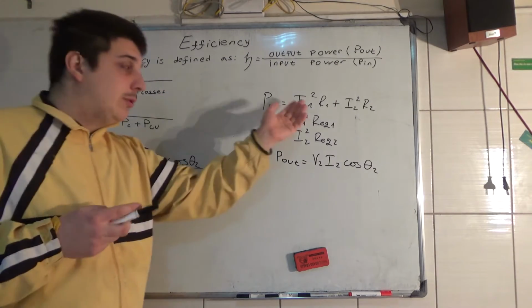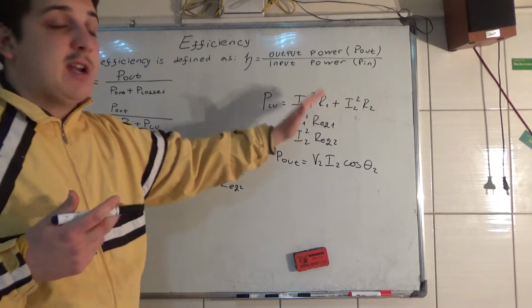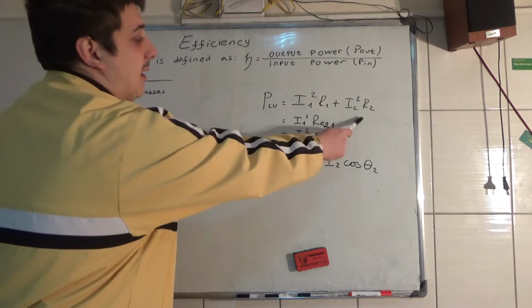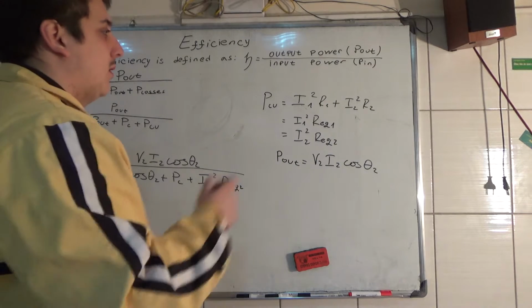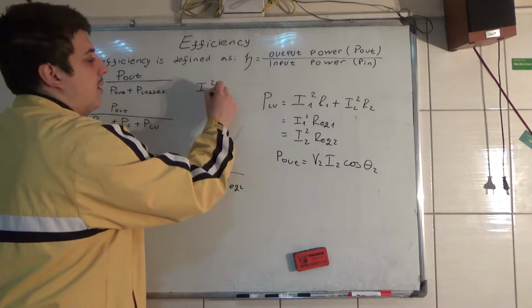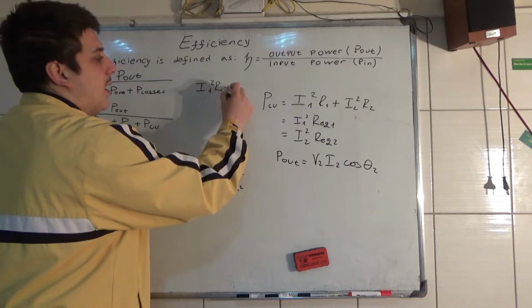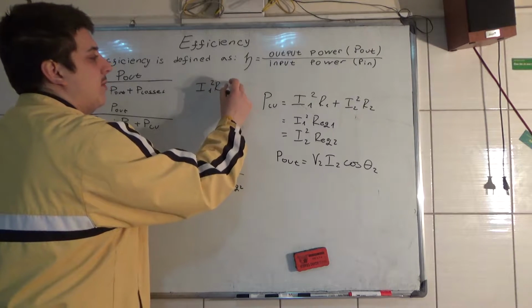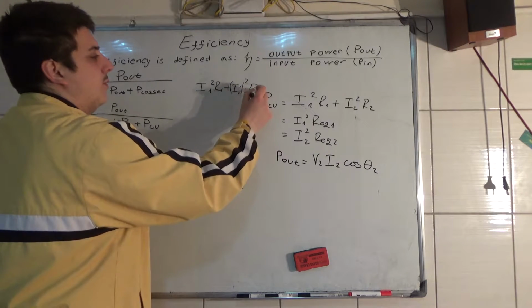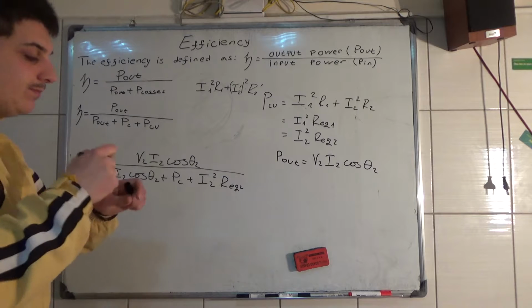Now, you know that if we transfer these values, for example, from the secondary to the primary, then we have I1 squared R1 plus I2 prime squared times R2 transferred.